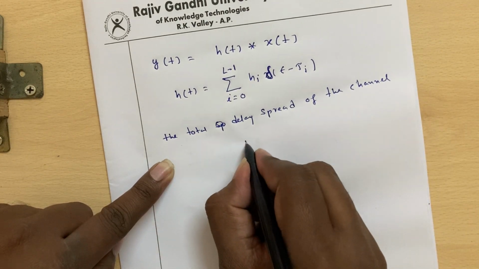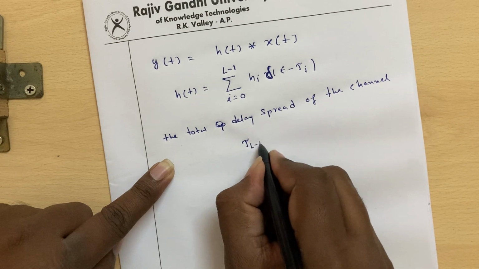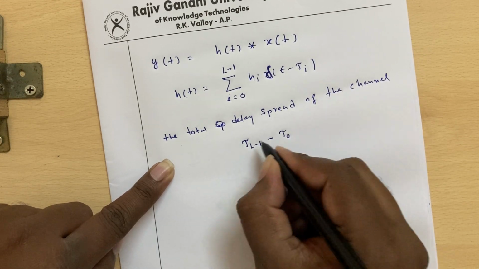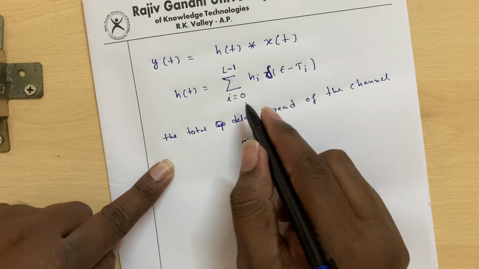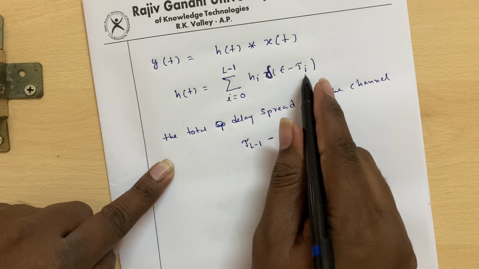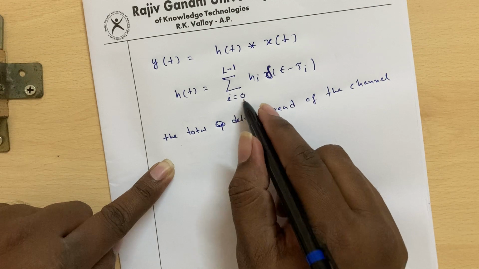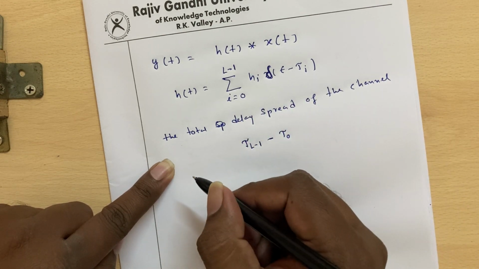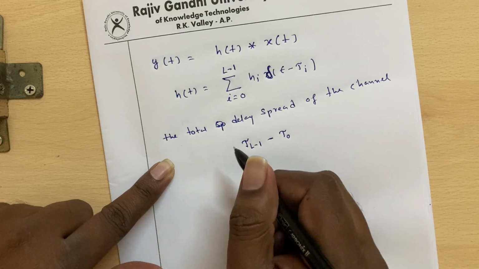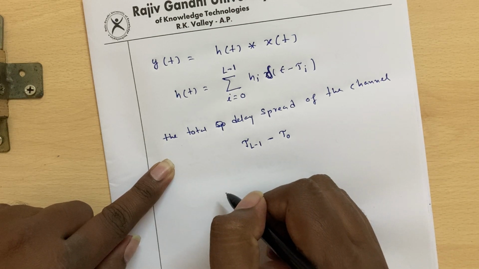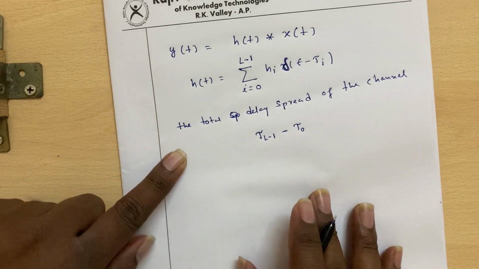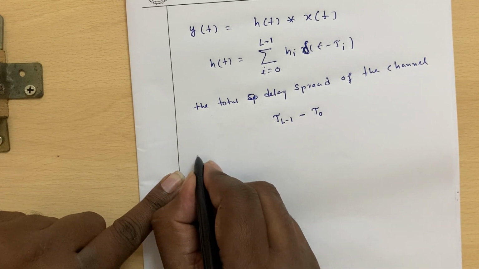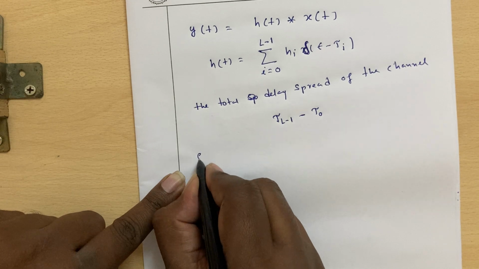It is nothing but the last delay tau_(L minus 1) minus the first path delay, that is, for i equal to 0, tau naught. This is the total time span of the impulse response.